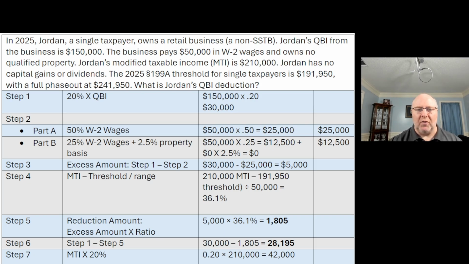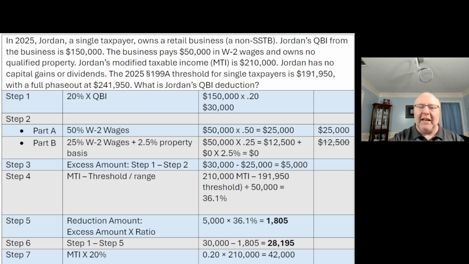And how do we reduce it? Well, we have to come out with the ratio. And the way that we do this is we're going to go with our modified taxable income, and it told us our modified taxable income in the problem. It said it is $210,000. What we're trying to figure out is how far within that $50,000 range we are.